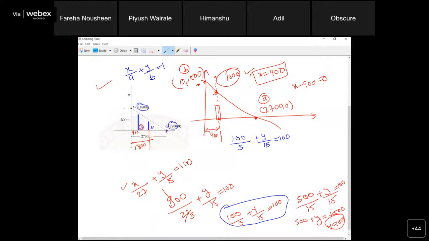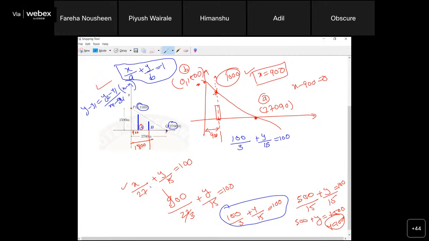Or you can use the two-point form also, no issue. You can use y minus y1 equals y2 minus y1 upon x2 minus x1 times x minus x1. You have to put the values and ultimately you will get the same expression. But here I have both the intercepts, that's why I'm going for this. It makes the calculation easier. In both cases, you will get the same equation.